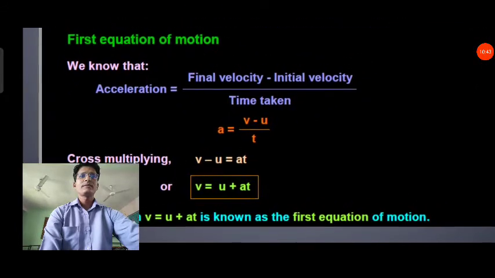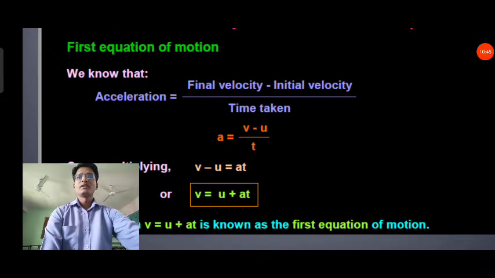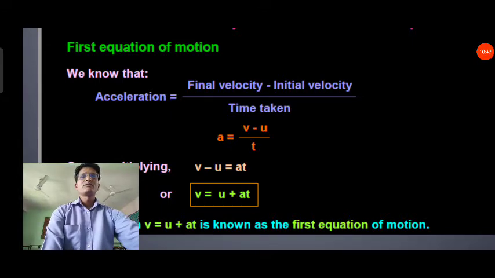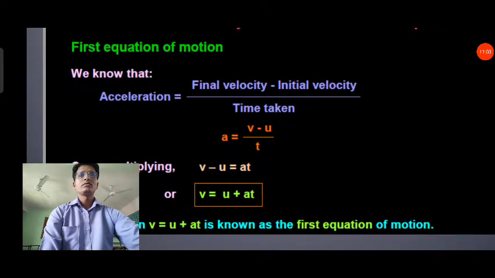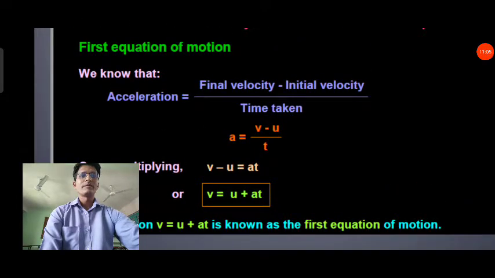So here, the first equation of motion. We know that acceleration is equal to final velocity minus initial velocity divided by time taken. So a is equal to v minus u by t. If you cross multiply, at is equal to v minus u.